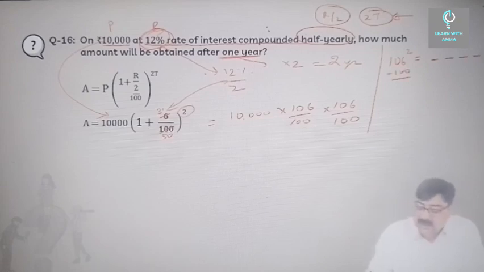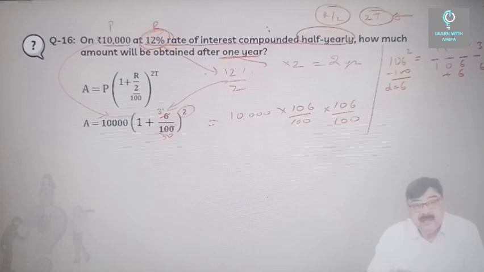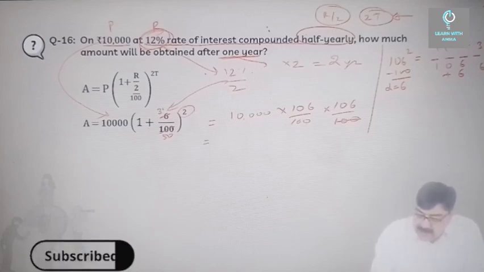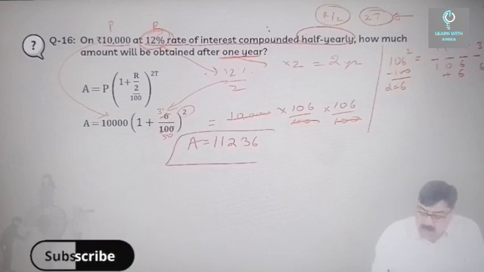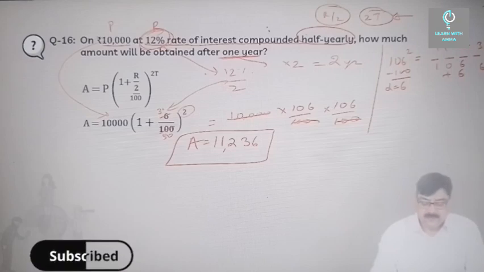You take the difference from 100, it is 6. So you add the 6 back to 106, you get 112, and then towards the end, the last 2 digits would be represented by the square of this difference, that is 36. So 11236 is what we get here. So cancelling these zeros here, 11236 is the amount that you will obtain at the end of the year, that is 11,236.